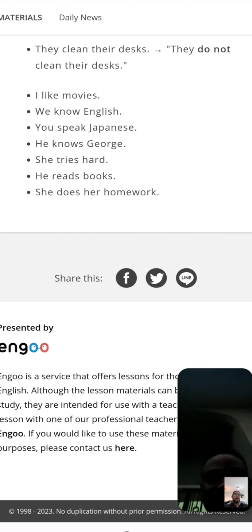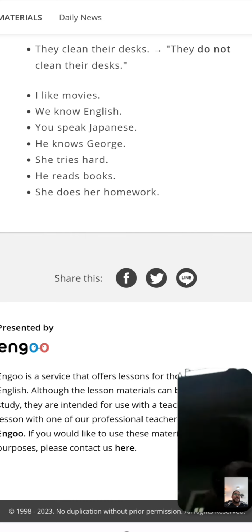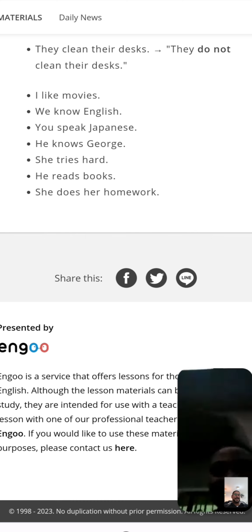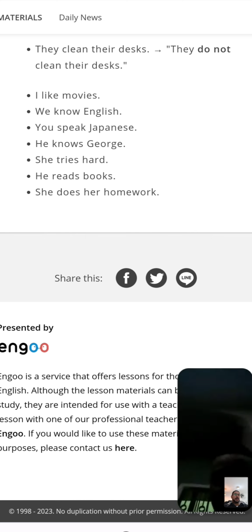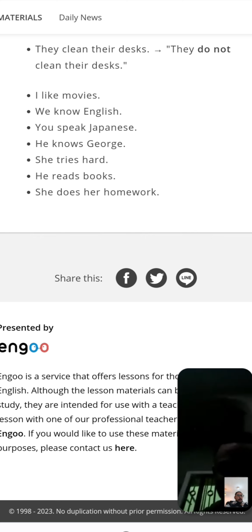Okay. So if there are no questions, then that is that for the simple present tense. So we have looked at basically almost everything concerning the simple present tense, starting from how to form sentences in the simple present tense to when to use it and the verb changes.